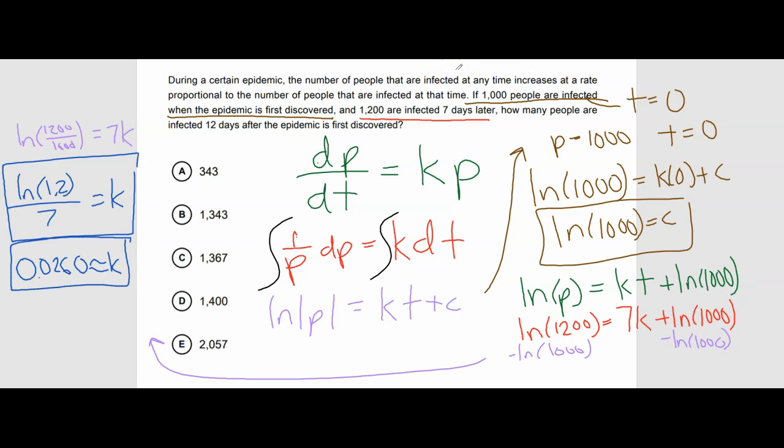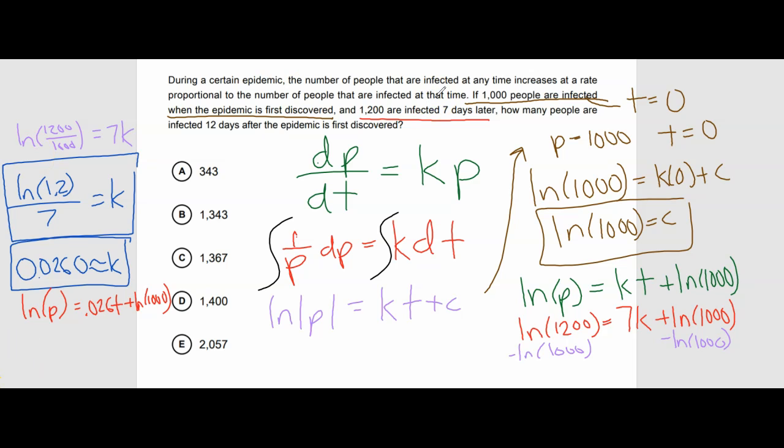So our particular solution here is the natural log of p is equal to 0.026 t plus the natural log of 1000.